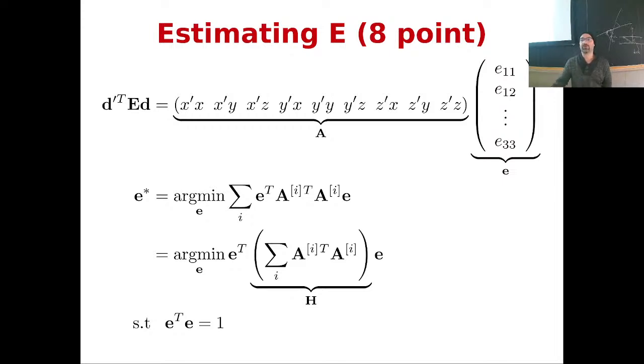I could simply enforce that the norm of the coefficients of my matrix E is equal to 1. So of all these possible scalings of the E matrix, I just want the E matrix whose squared sum of the values is equal to 1. Okay? Cool.